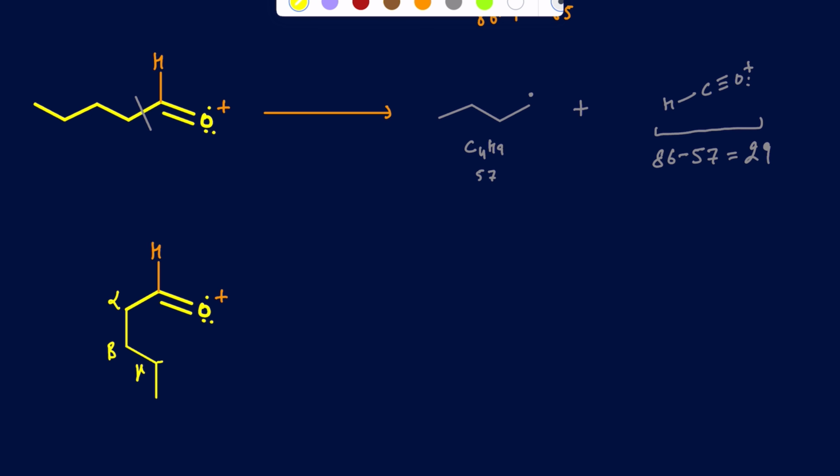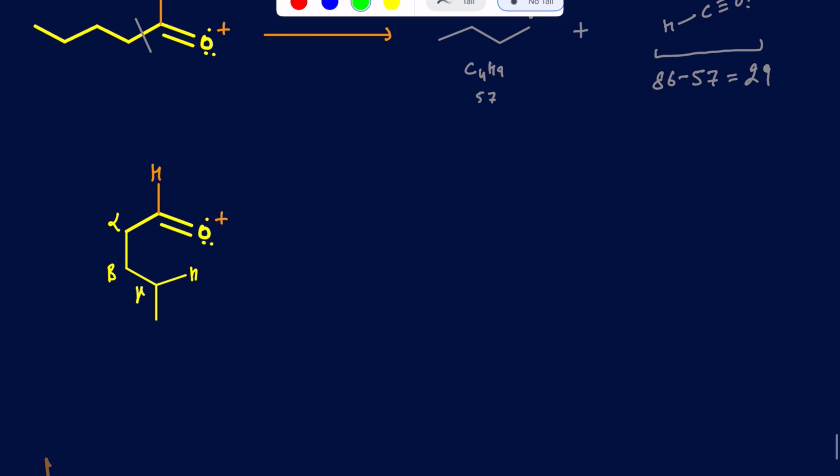So what happens is the hydrogen that you have here and the oxygen here at the gamma position, when you count it out, it's going to be 1, 2, 3, 4, 5, and 6. So it makes a 6-member ring. So this hydrogen that's going to be at the gamma carbon is going to be closest to this oxygen right there. So that's why I was telling you earlier that you have to have it in a gamma carbon for the McLafferty to take place. If you don't have it in a gamma carbon, then it's not going to take place.